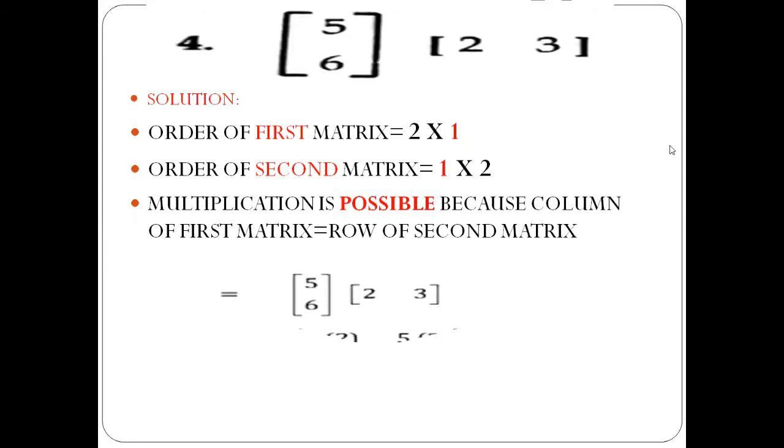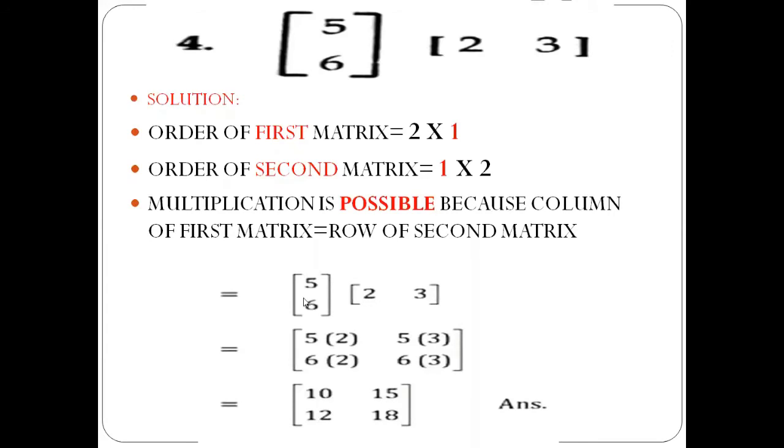Now how will you multiply? The first matrix contains elements 5, 6 and the second matrix contains elements 2, 3. Multiply first row by first column, and note that the first row contains only a single element and the first column contains only a single element.